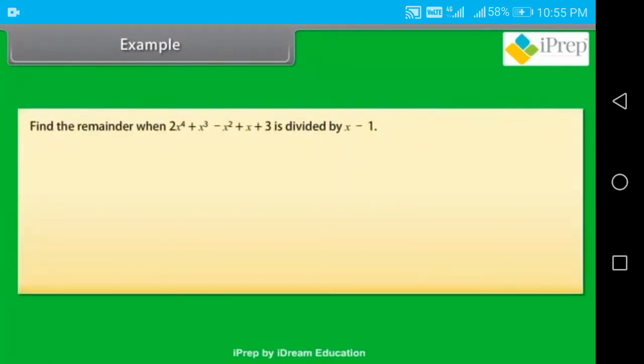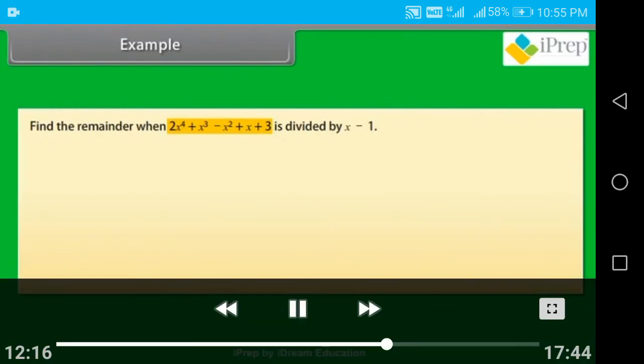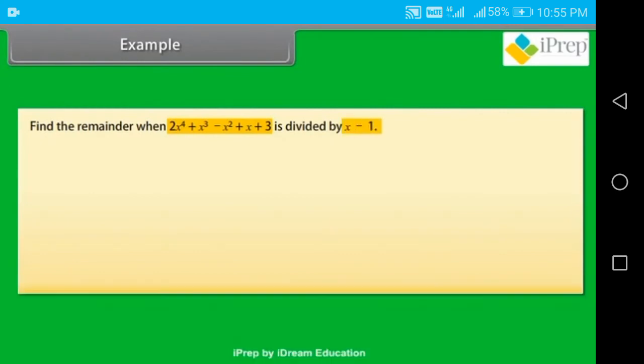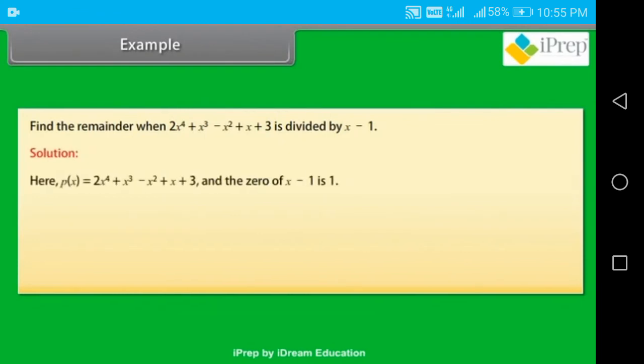Find the remainder when 2x raised to the power 4 plus x raised to the power 3 minus x squared plus x plus 3 is divided by x minus 1. Solution. Here, p(x) is equal to 2x raised to the power 4 plus x cubed minus x squared plus x plus 3, and the zero of x minus 1 is 1.